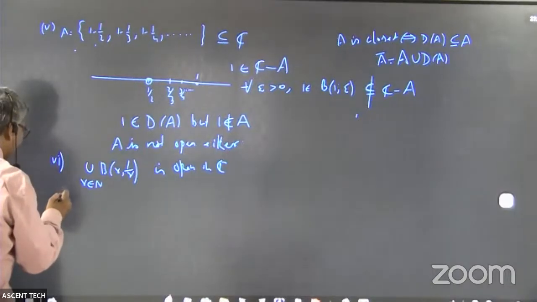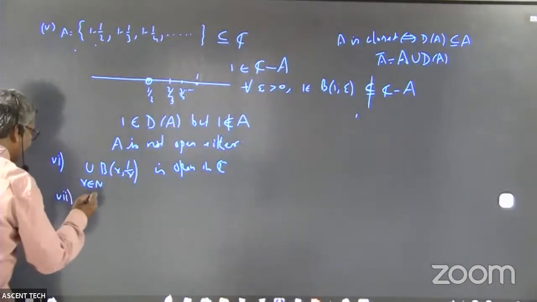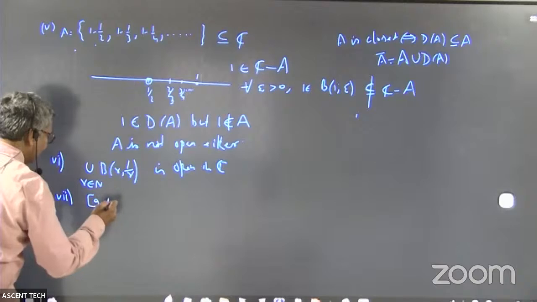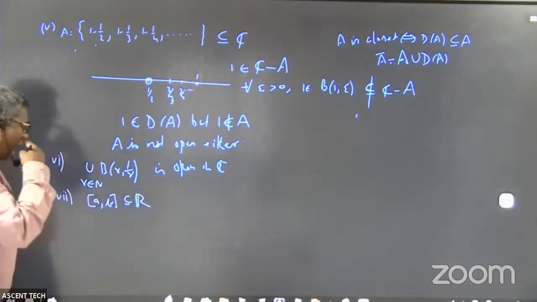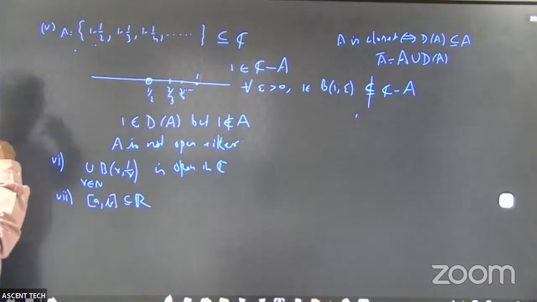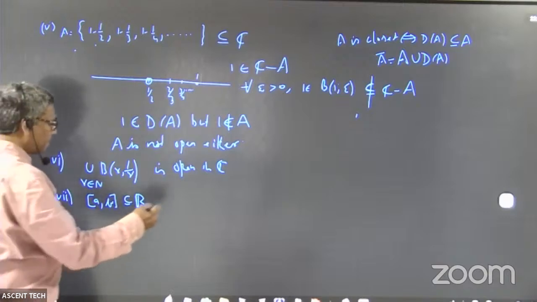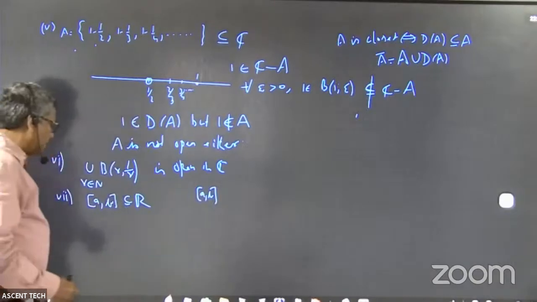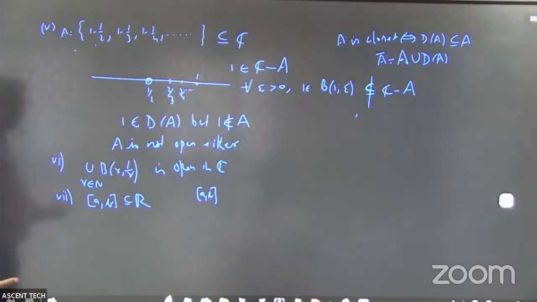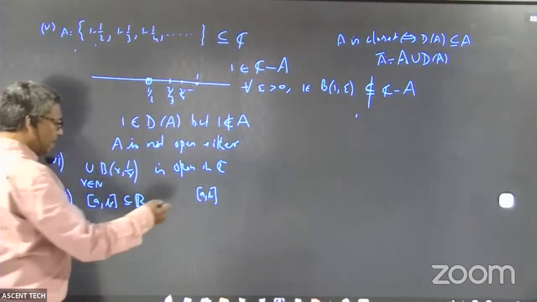For example, this set in R, I have taken a closed interval AB contained in R. Is it closed or not? Closed interval AB, is it closed or not?